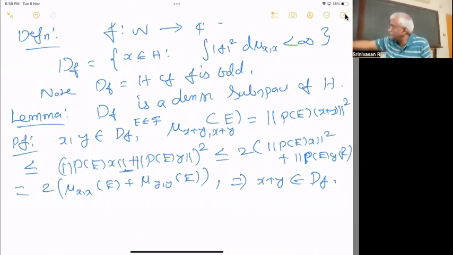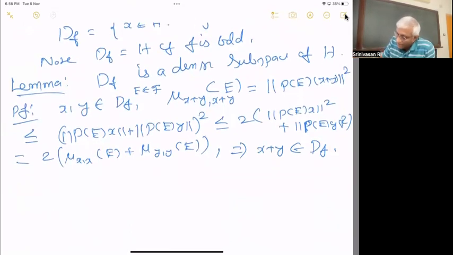Here, this is just the triangle inequality: the norm of P(E)x plus P(E)y is less than or equal to the norm of P(E)x plus the norm of P(E)y. Then you have 2AB, which is less than or equal to A squared plus B squared, of course. So that's it.